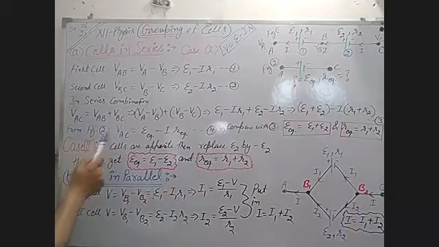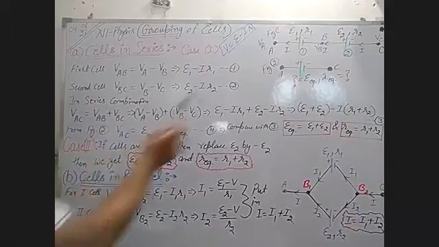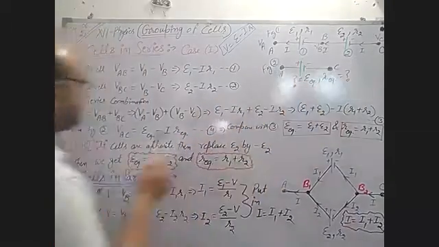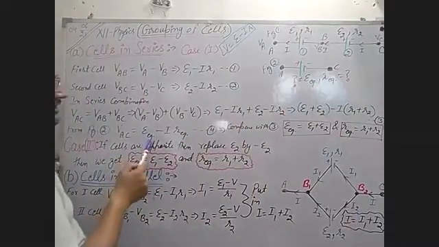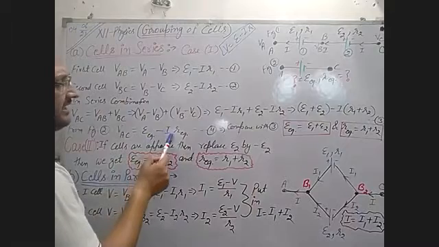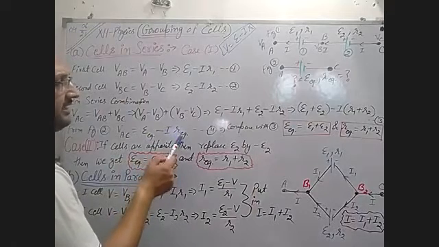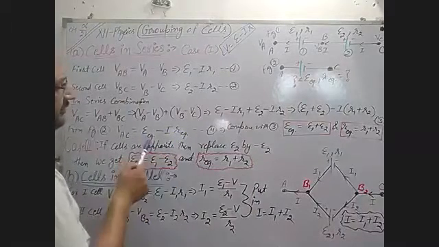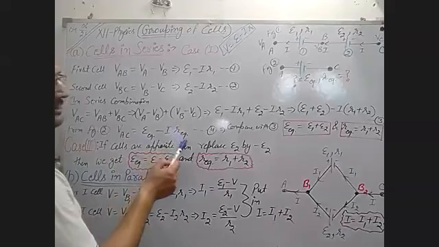In figure 2, VAC, the potential difference from A to C, can be calculated by E equivalent minus I R equivalent.